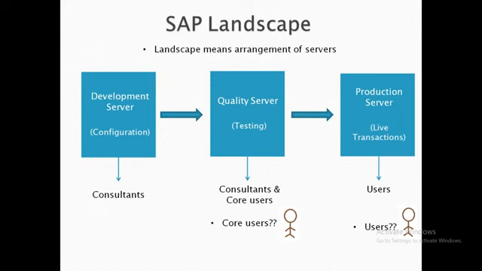See here, any client, if they want to implement SAP, don't take the notes, try to understand. First thing is they have to purchase a license from SAP. We'll discuss that once again in later classes. And the second thing is they have to purchase servers.